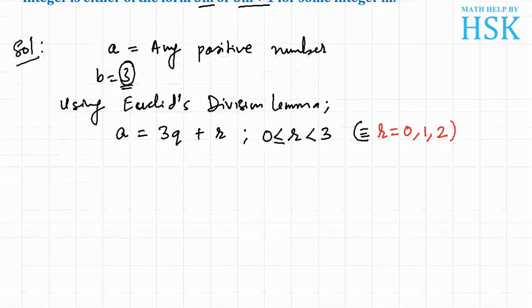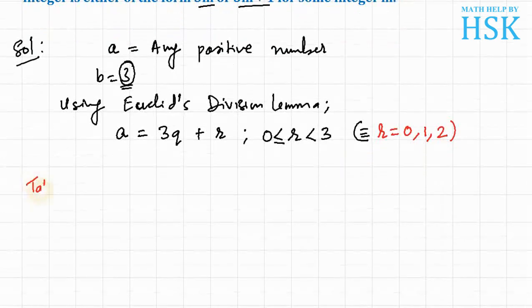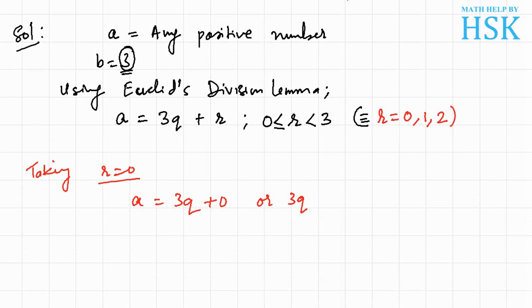Now, taking r is equal to 0, we have a is equal to 3q plus 0, or 3q. Therefore a square is equal to 3q square, which is equal to 9q square, which can be written as 3 into 3q square.